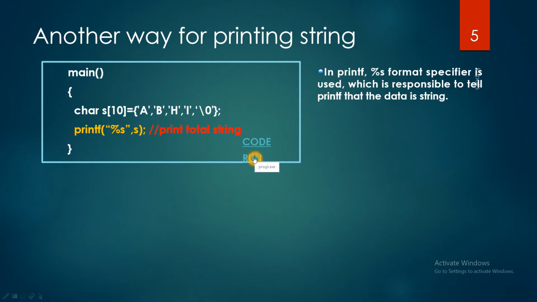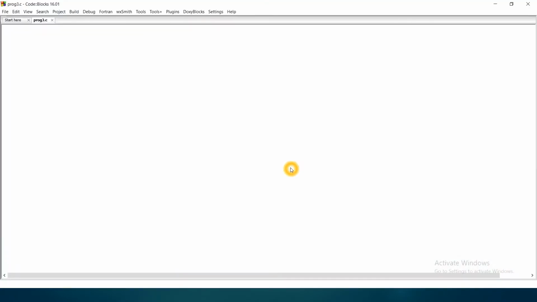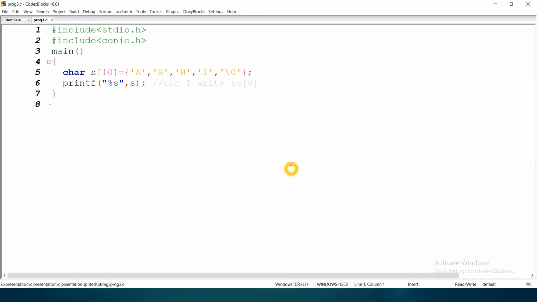So you can see the code. Here this is our code, %s in place of s. First run the program.